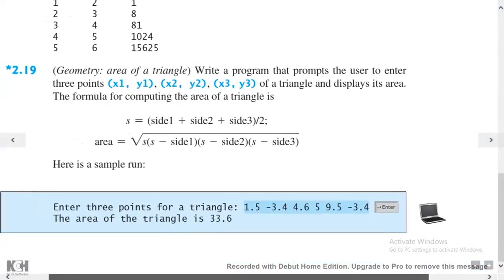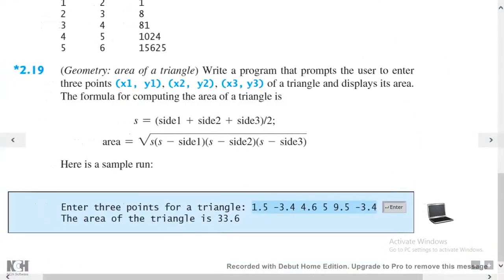Here's the question. It's a geometry question, area of a triangle. You've got to write a program that prompts the user to enter 3 points: x1, y1, x2, y2, x3, y3 of a triangle, and displays its area. The formula for computing the area of a triangle is given by this.